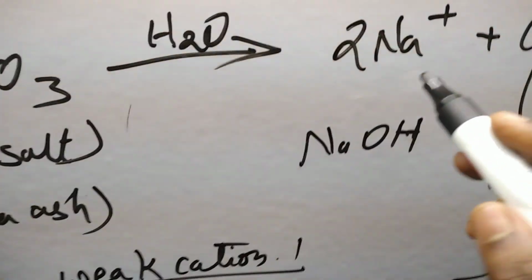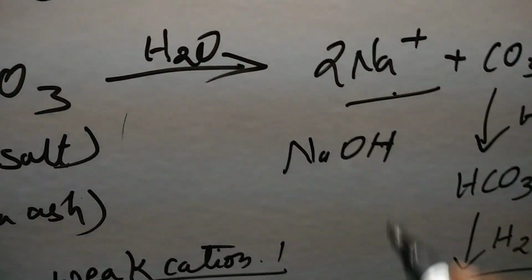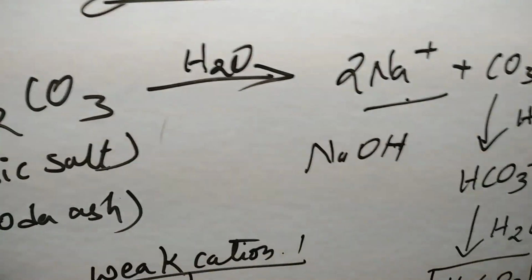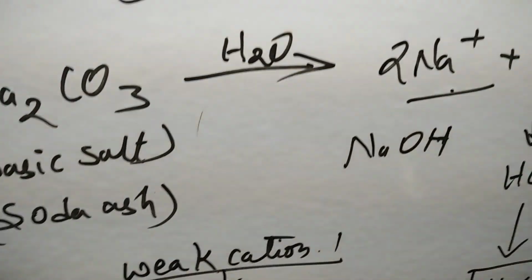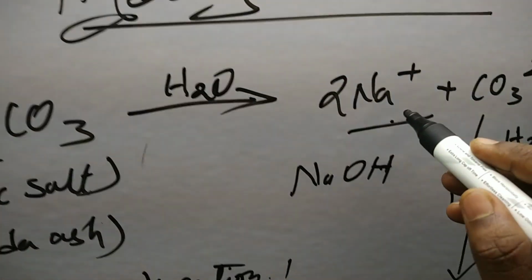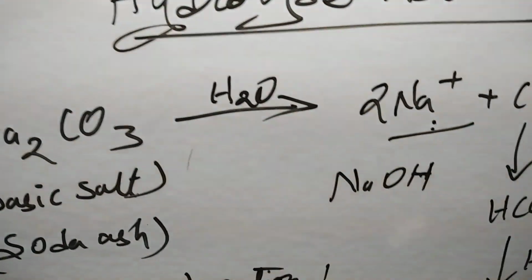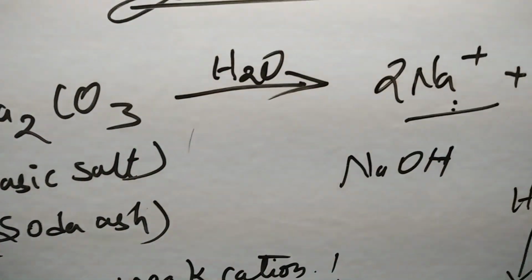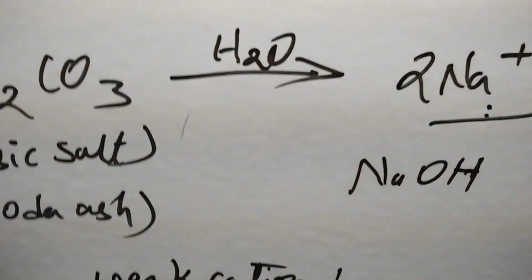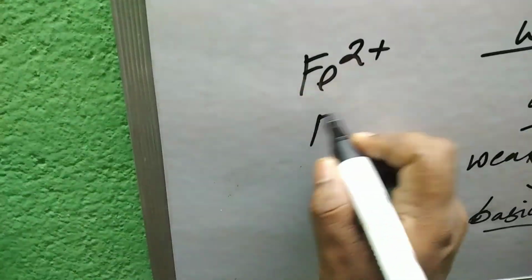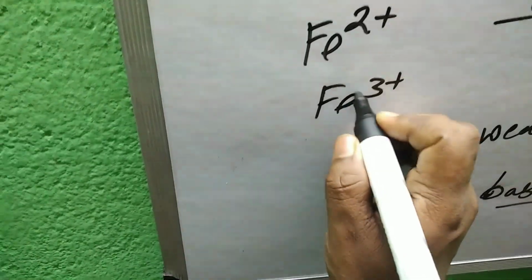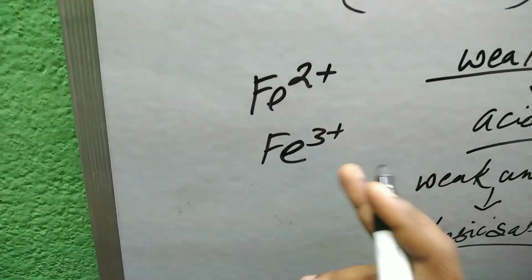Okay students, see, Na plus is a stronger cation than Fe3 plus. Now you may ask how. See, sodium releases only one electron and Fe releases 3 electrons, sometimes 2. Fe2 plus, Fe3 plus. Fe2 plus is a stronger cation than Fe3 plus.